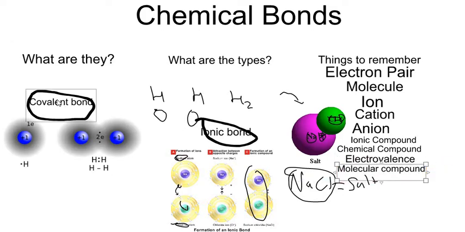Molecular compound made by covalent bonding. And finally, electrovalence, one of the most important ones, is the sharing of electrons in this specific example in ionic bonding.